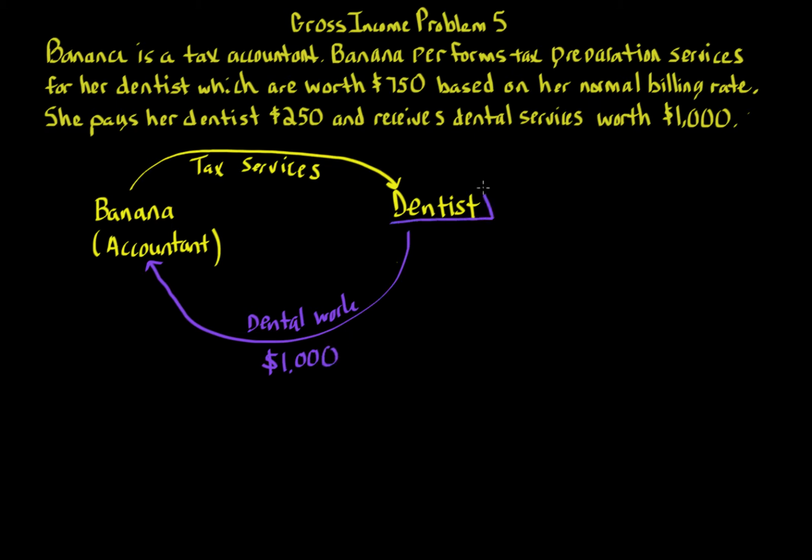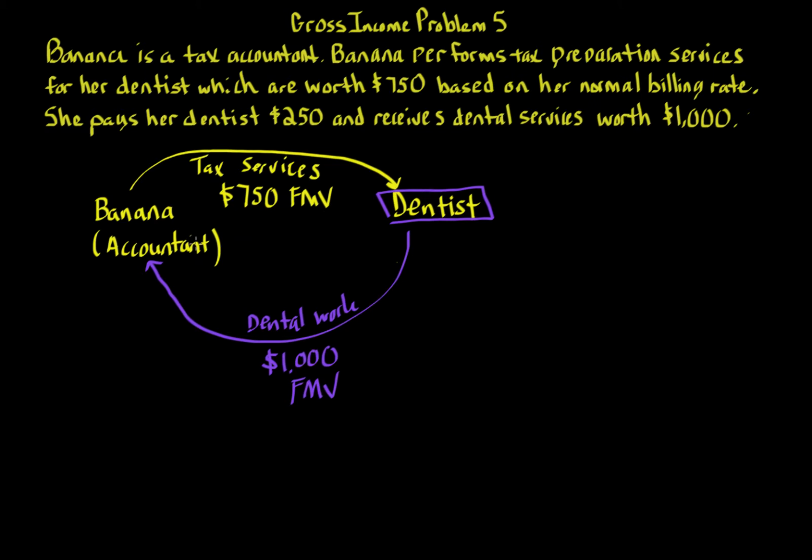So this is the dentist, right? I've squared that off in purple so you know who's doing it. The dental work has a fair market value of $1,000. And then the tax services have a fair market value of $750. So you're probably saying, okay, Banana is performing services worth $750, dentist is performing services worth $1,000. That doesn't equal out.